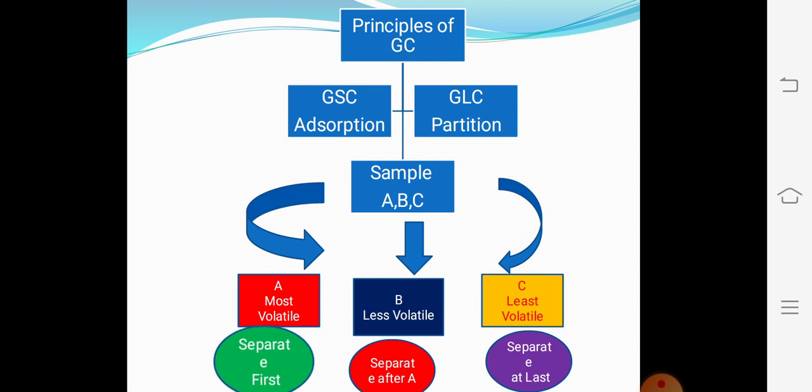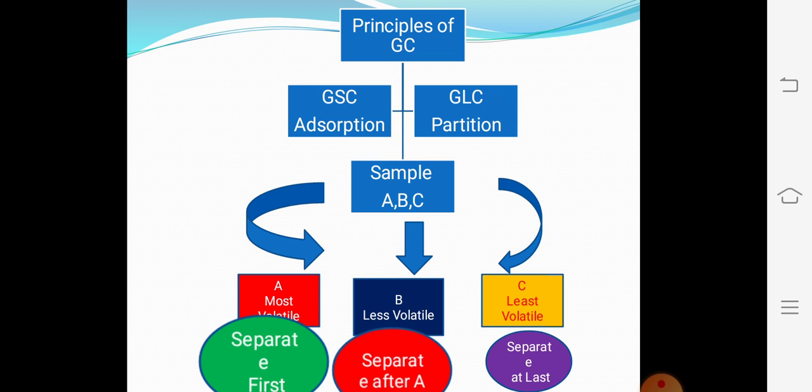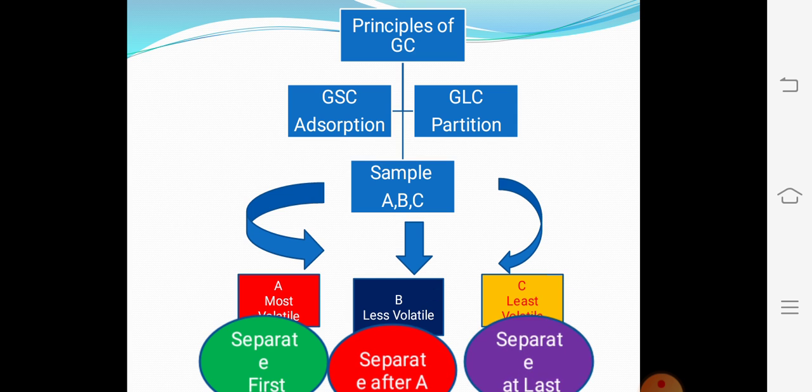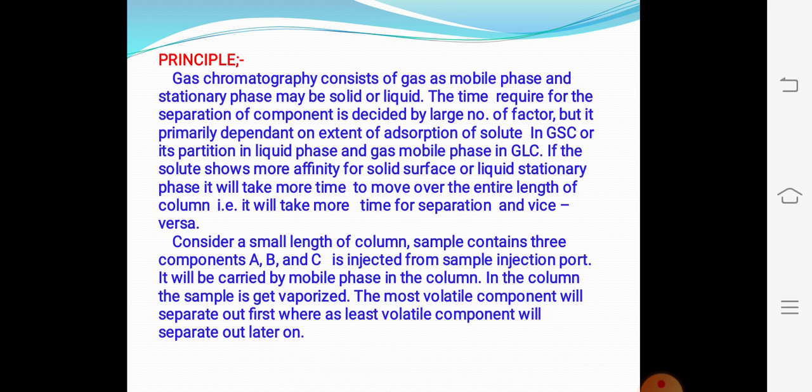The most volatile, less volatile, and least volatile components can be separated using this gas chromatography technique. Now the main points, the principle of gas chromatography. Gas chromatography consists of a gas as the mobile phase, and the stationary phase may be solid or liquid.